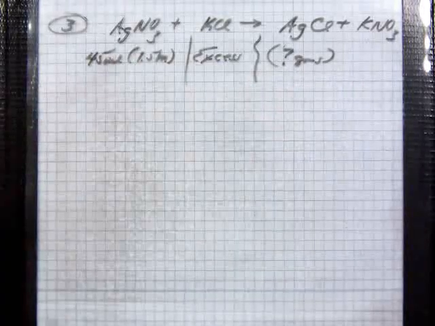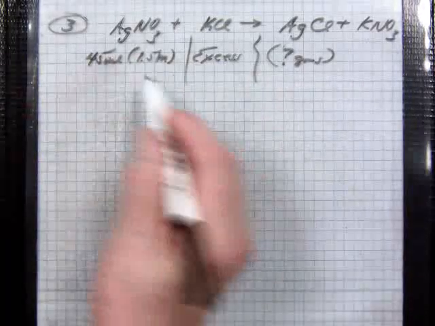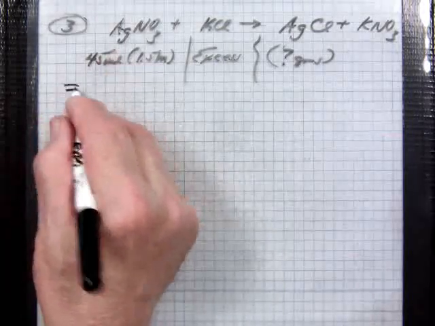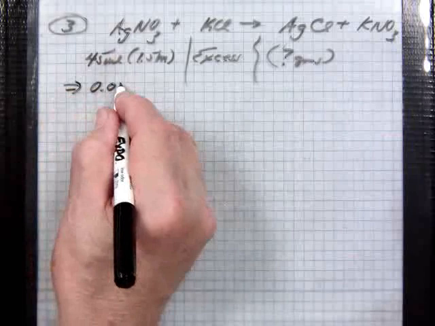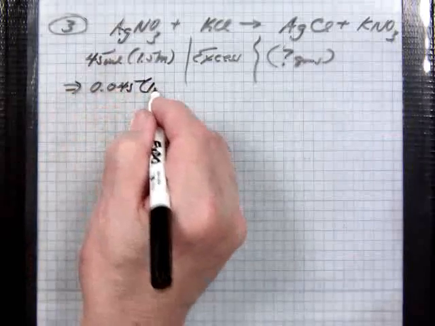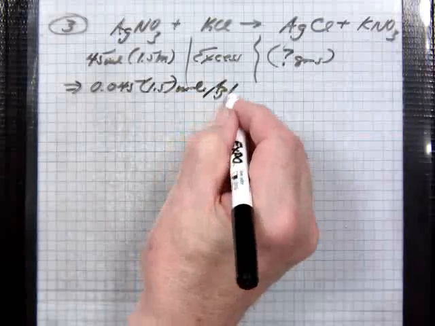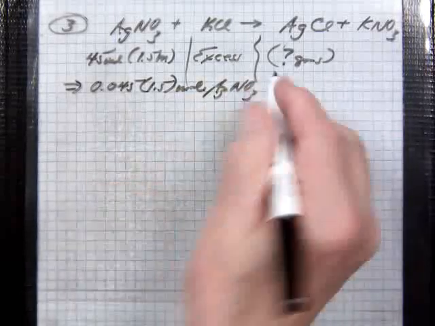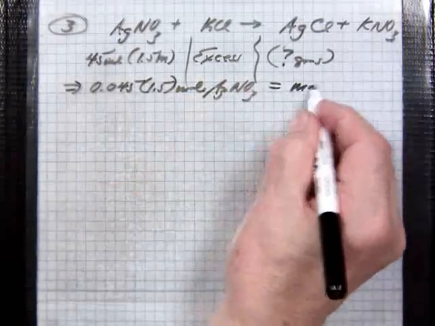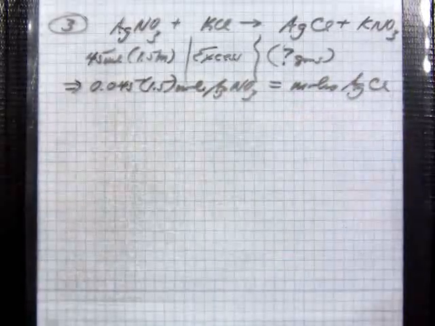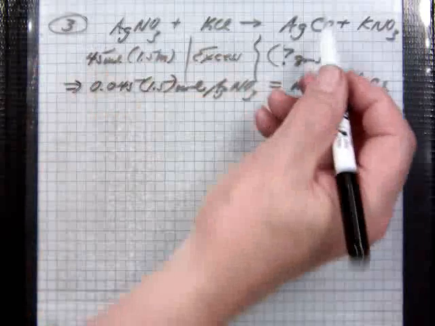Everybody okay on that? Okay, so to get moles of this, 0.045 times 1.5 mole of the AgNO3 is equal to also the moles of silver chloride, because the reaction says it's 1-to-1.